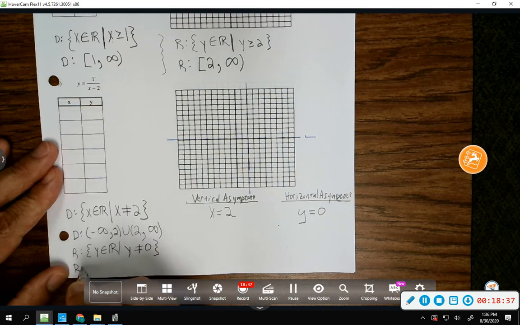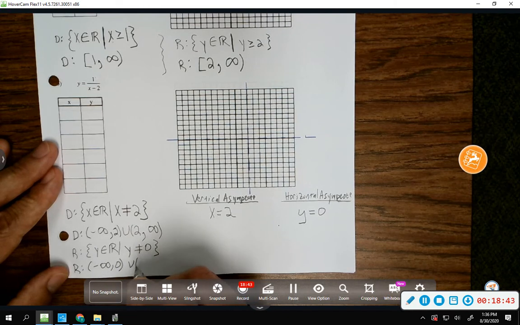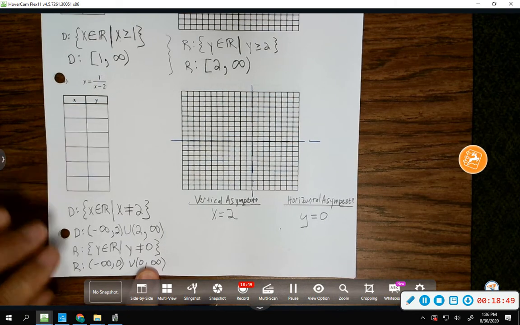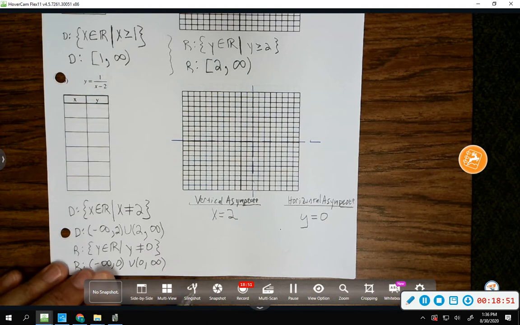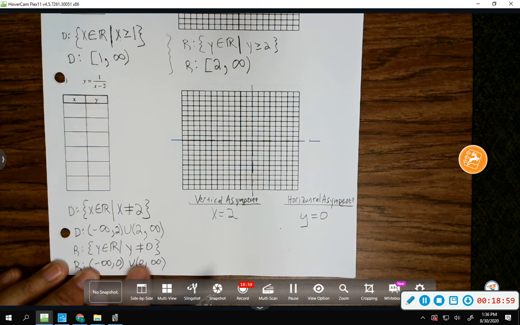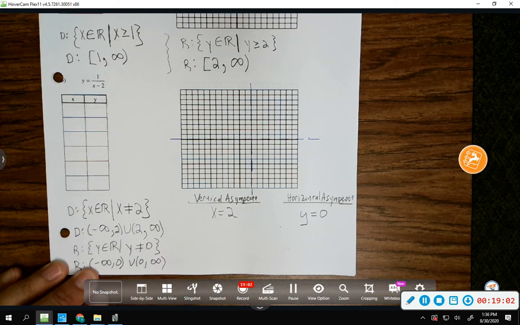Writing that in interval notation: negative infinity to 0 in union with 0 to infinity. A lot of times I'll put a positive in front of that just so I know it's positive, but you don't have to. The positive doesn't have to be there, but the negative does on this end. Never parentheses on infinity, and we don't want to include 0 here because we want to exclude it from the range.